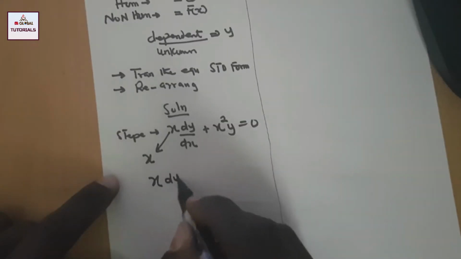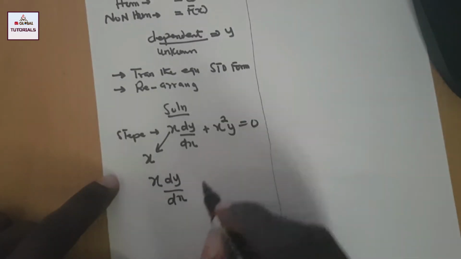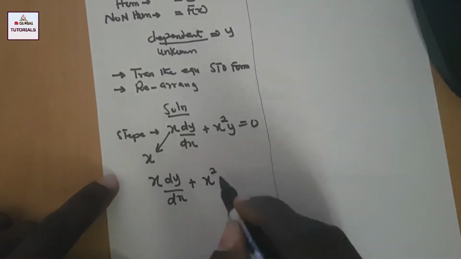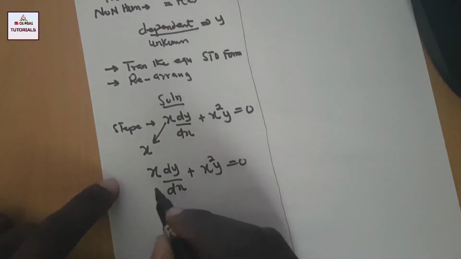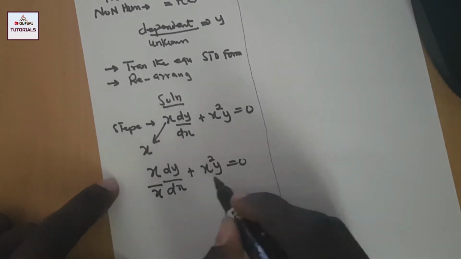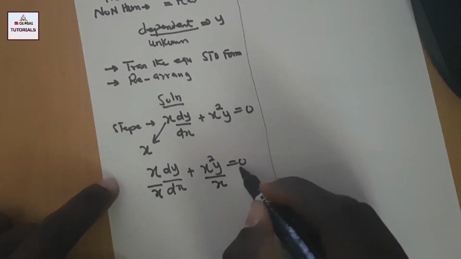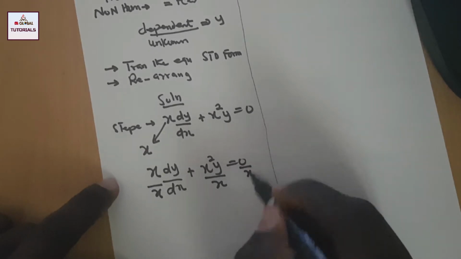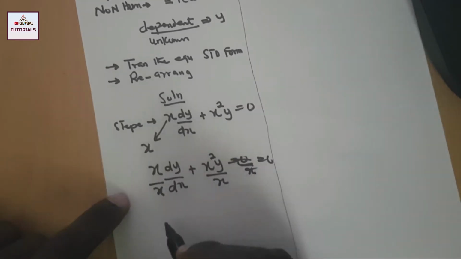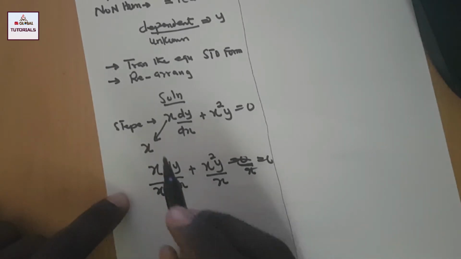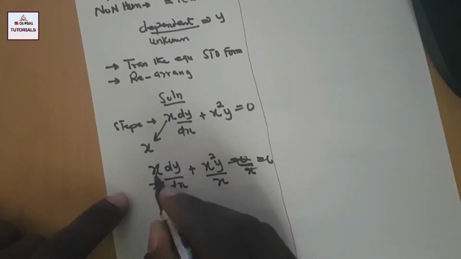For making it 1, we have to divide through the equation by x. x dy over dx plus x squared y equal to 0. When we divide through by x, this is how the equation looks. 0 over x is still 0, so equal to 0. x over x goes to 1, so it cancels itself.